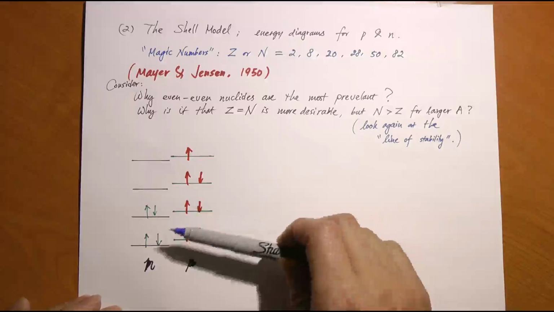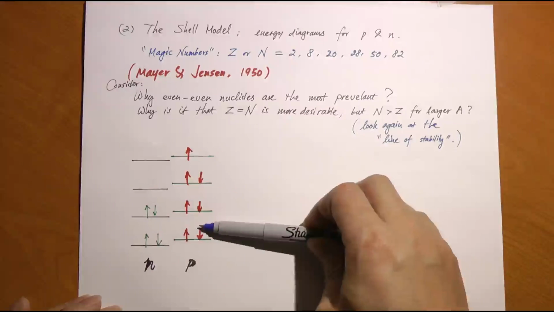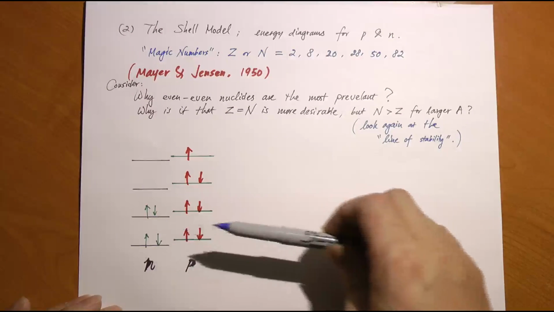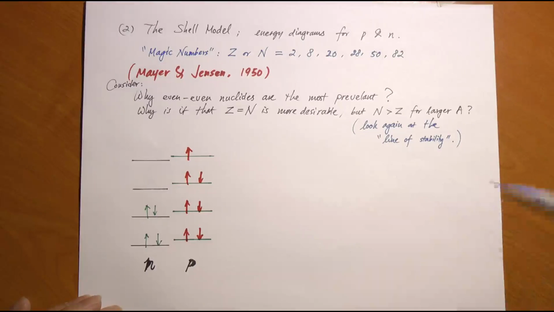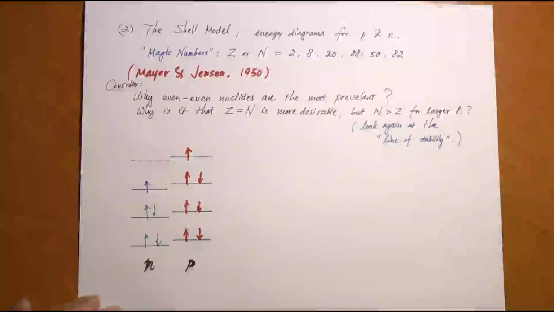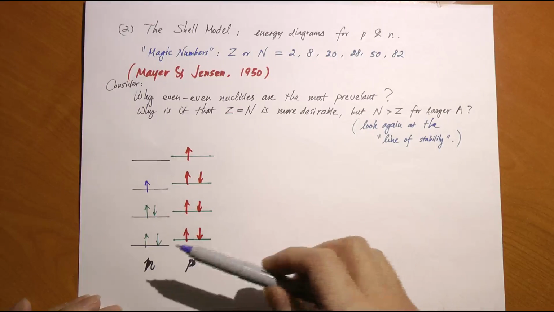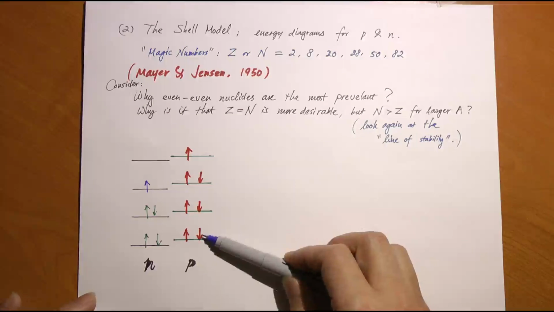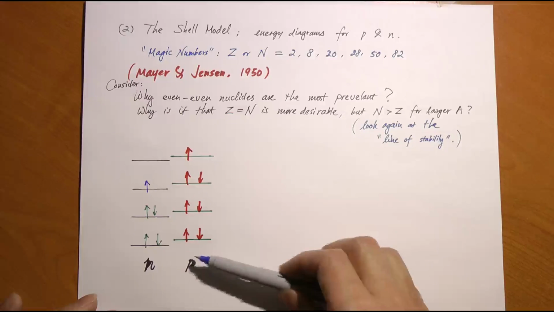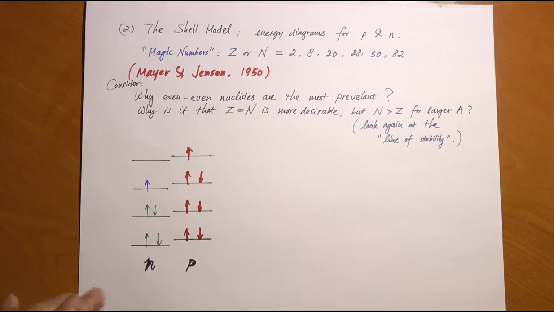Why? Because if you have a total of 11 nucleons, 7 plus 4, right? Let's say, so I give it an even number, it makes things a little bit easier, let's say I have 12 nucleons. So that's 7 plus 5. So you see, Z is 7 and N equals 5. They're not equal to each other.